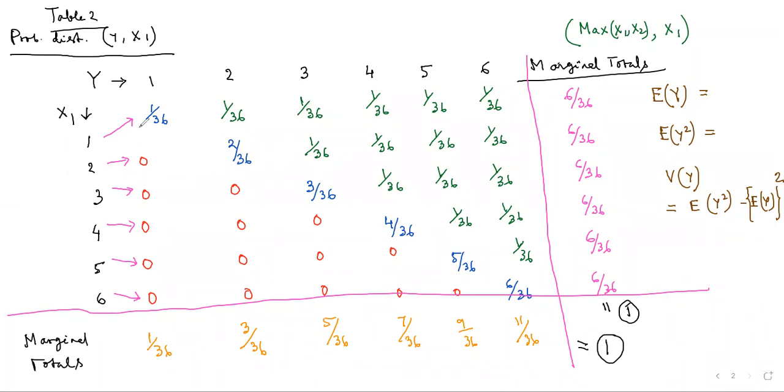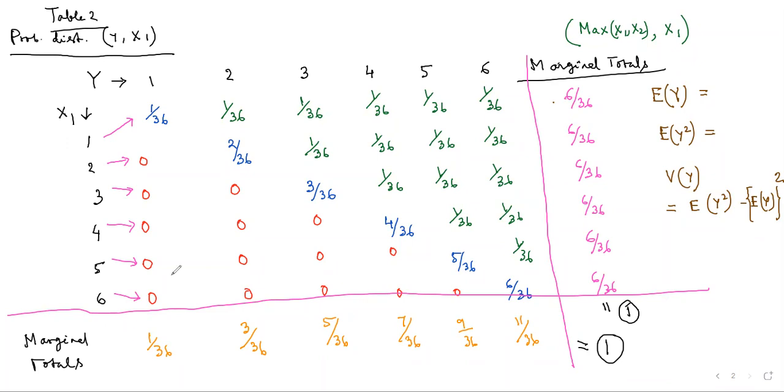First of all, if we need to find the expectation of the random variable y, then the point is whether I should consider these probabilities which have been written in this column, or these probabilities which have been written in the rows.